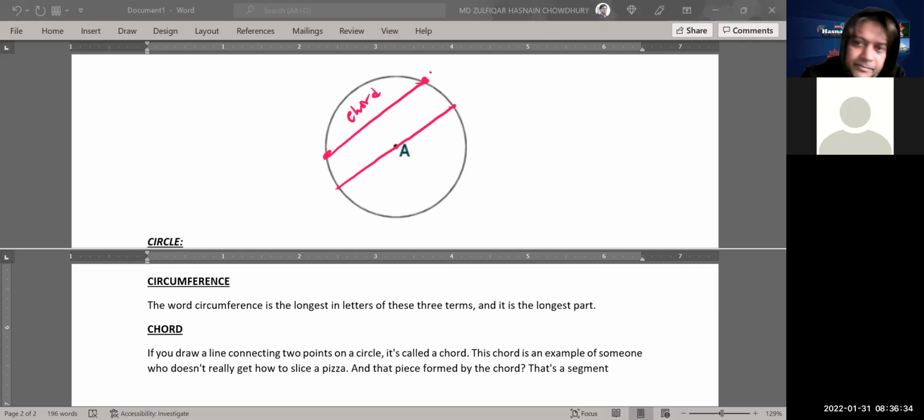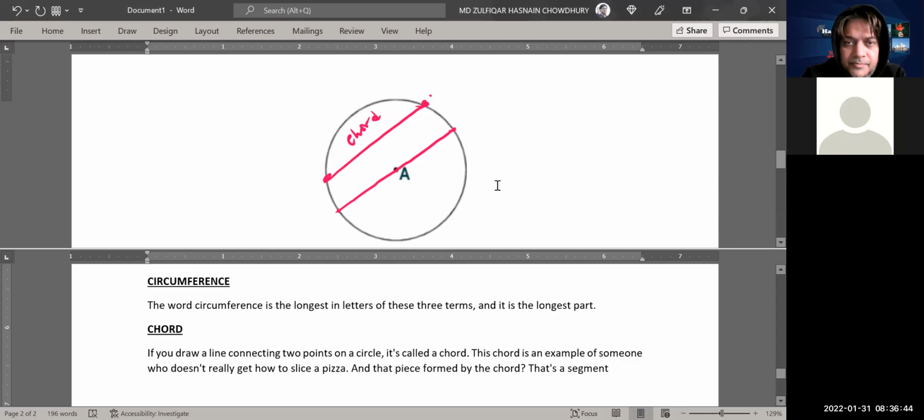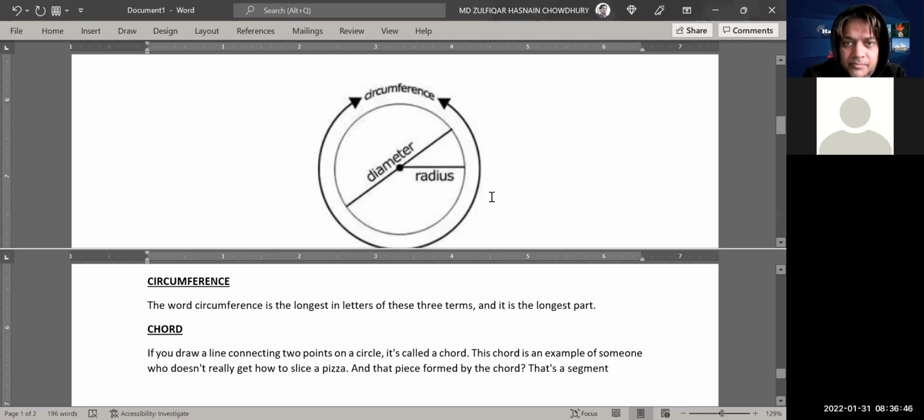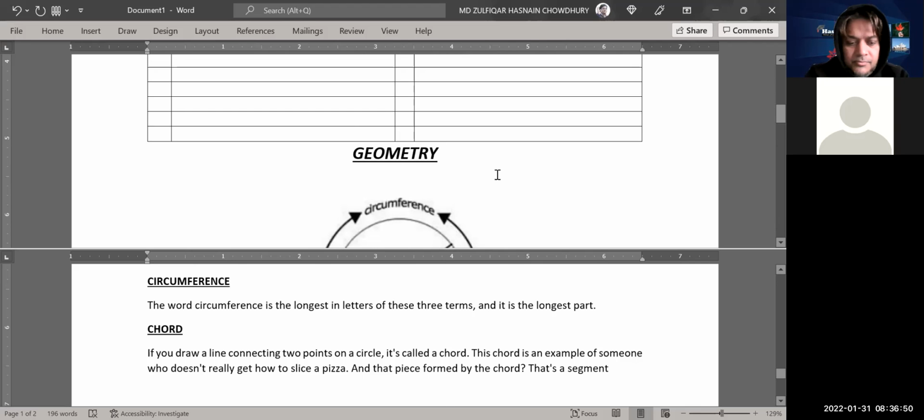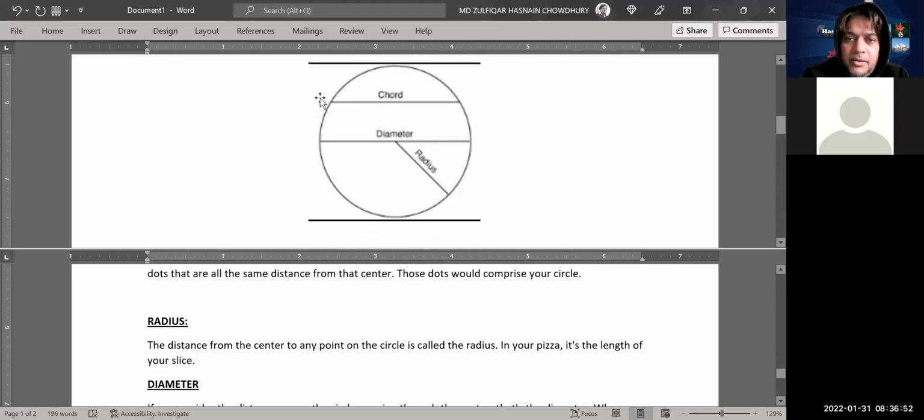The circumference, chord, diameter, radius, and center. Good. So radius, diameter, chord. Can you see the picture?